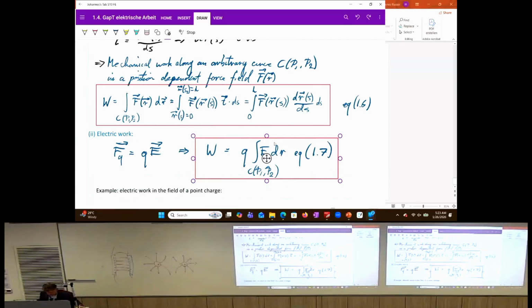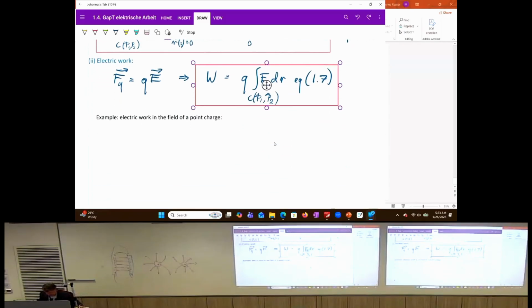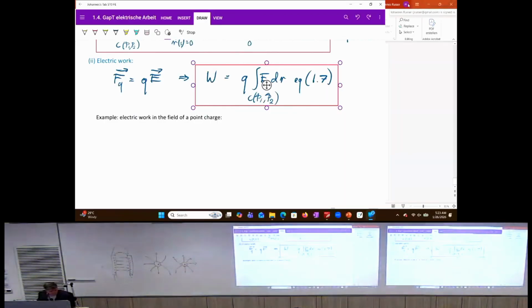And for that, we look at the example of a point charge. We know the force is given by the electric field and the charge. If we drag the charge along that path, then we integrate and find the total work in equation 1.7.